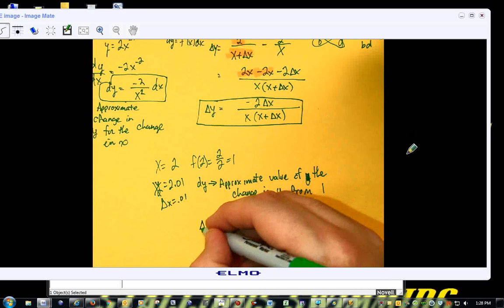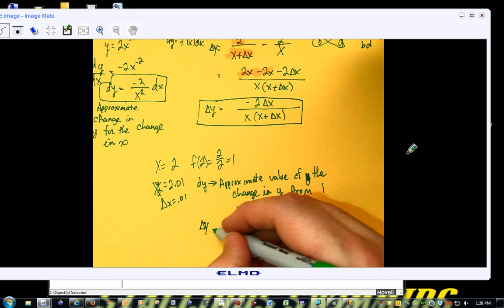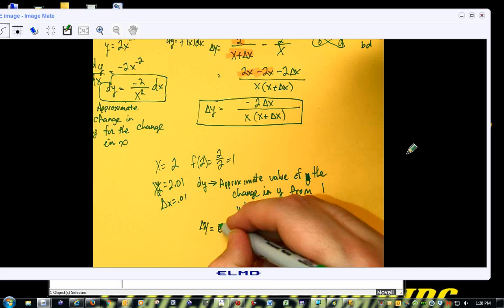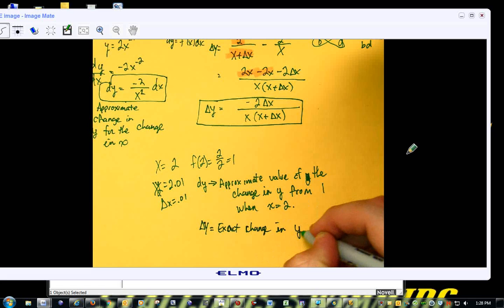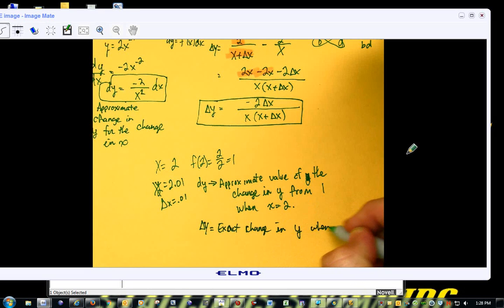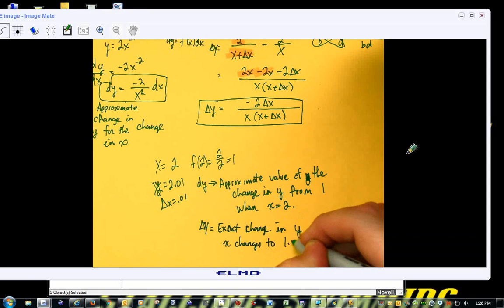Delta y gives me the exact change. That's going to give me the exact value of the change from one to the other.